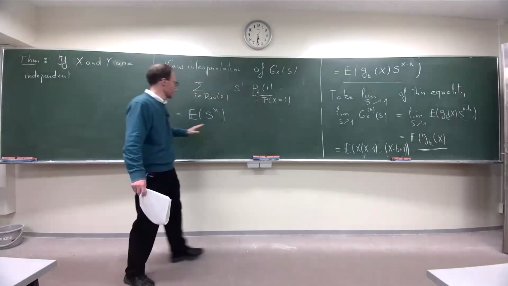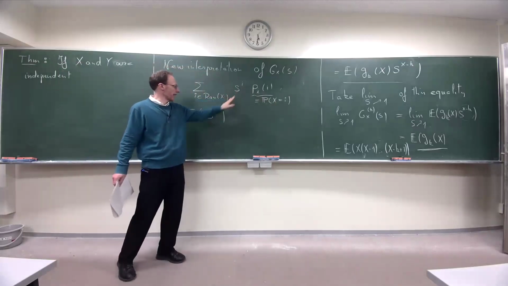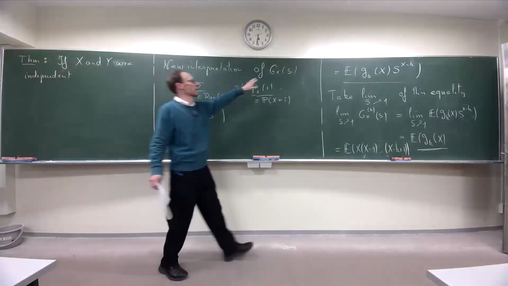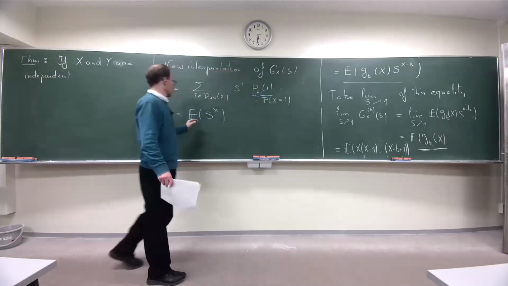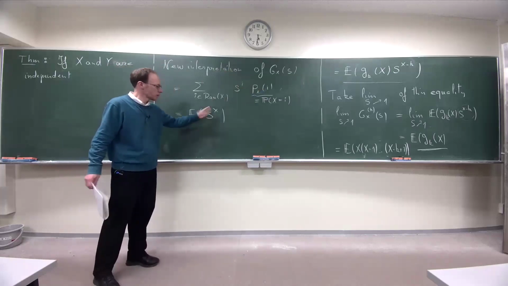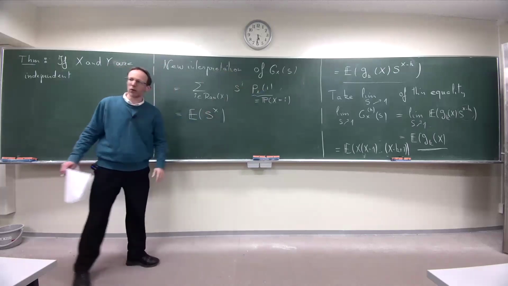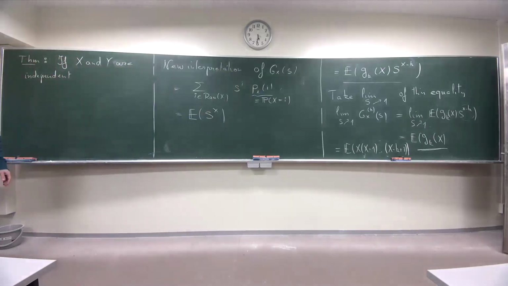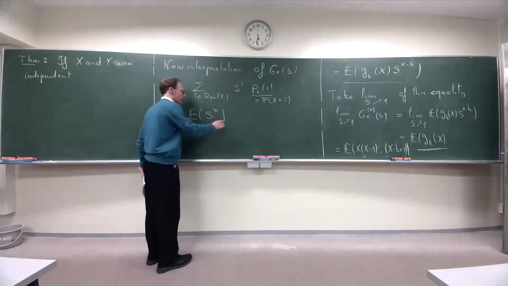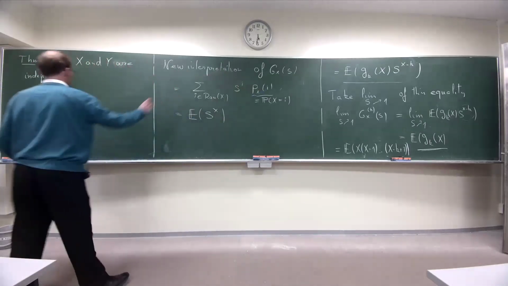So if I apply Lotus, I have simply s power x. So it means this function can also be seen as the expectation of a composition of 2 functions, s power x. And this will be useful in the next statement because we know some properties of this function.